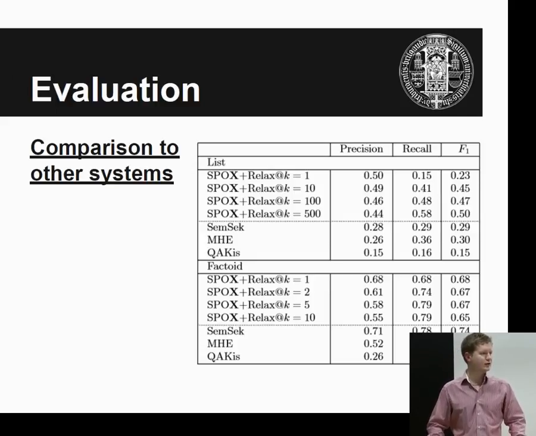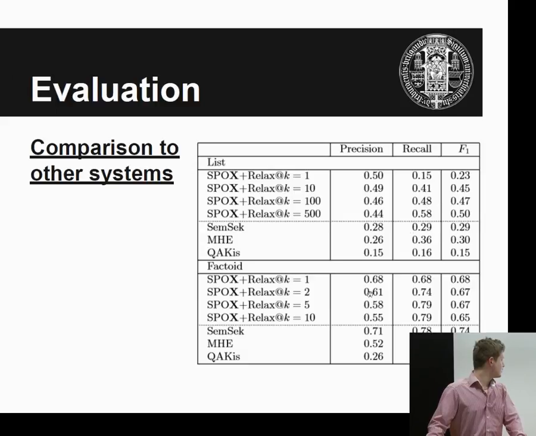The result lists are not so big, so they introduced cut-offs. They made cut-offs over their own results. Here we can see they took just the first ones and top 10s and top 100 and so on. And for list questions, SPOX outperforms the other systems. We can also see that for the big lists, the recall is really good.